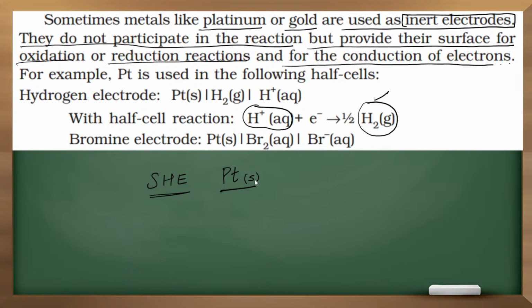Okay. Same is the case with bromine. Bromine electrode, we are using platinum solid for the reaction. It provides the surface for the reaction to take place. And Br negative ion, Br2 liquid, Br negative aqueous.